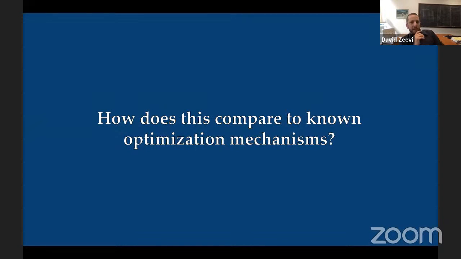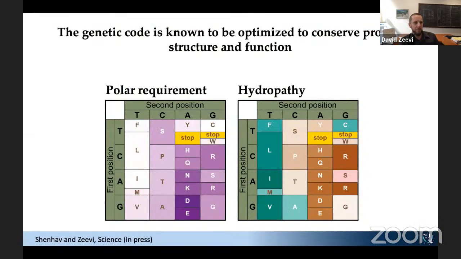So now we wanted to ask, how does this optimization compare to known optimization mechanisms? Basically, we're looking at how it compares to mechanisms maintaining the polar requirement and hydropathy of amino acids. These are metrics that scientists came up with several decades ago to measure how the genetic code is optimized in terms of hydropathy or polar requirement.